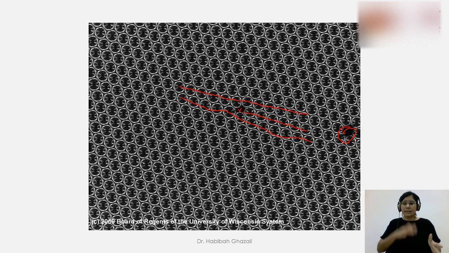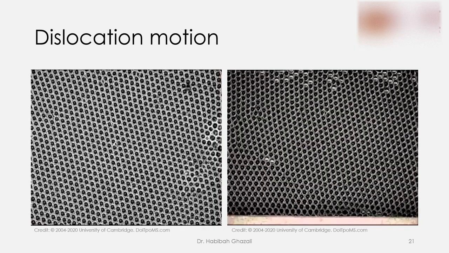So in the next two videos, you will see what is going to happen when there are a few of these dislocations, how they are going to interact with each other, and you will see how they only prefer to move in a certain plane and in a certain direction. The first video that I'm going to show is the video of bubble wrap undergoing compressive and tensile deformation.